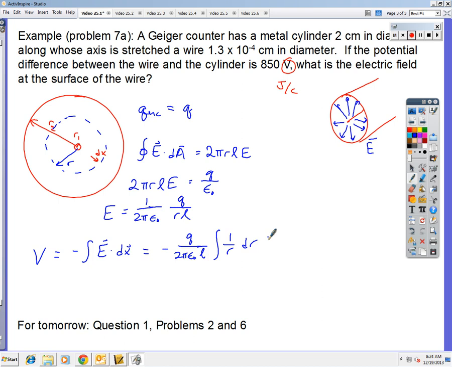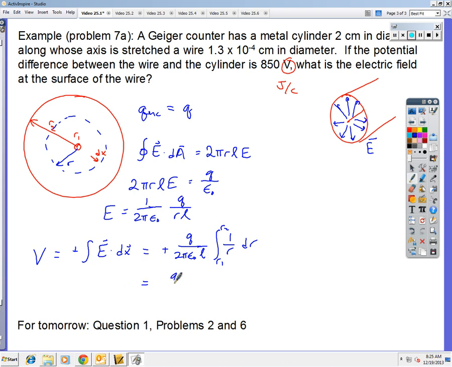And really, for this problem, we can get rid of the negative sign because this is the magnitude of the potential difference. We don't really care about it. When we do that integral, and we're integrating from the wire to the cylinder because that's the potential difference between the wire and the cylinder, so we're integrating from R1 to R2.